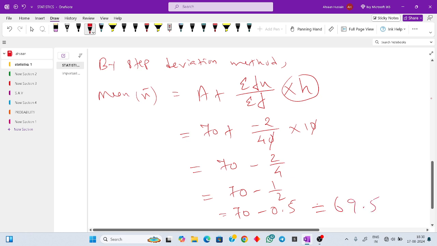It means 69.5. Okay. If you don't know how to subtract a decimal number from a non-decimal number, it's very simple. Write the non-decimal number first and put a decimal after the last digit, like this, 70 point.